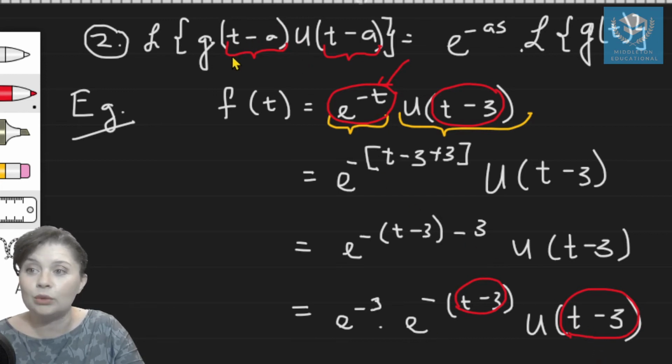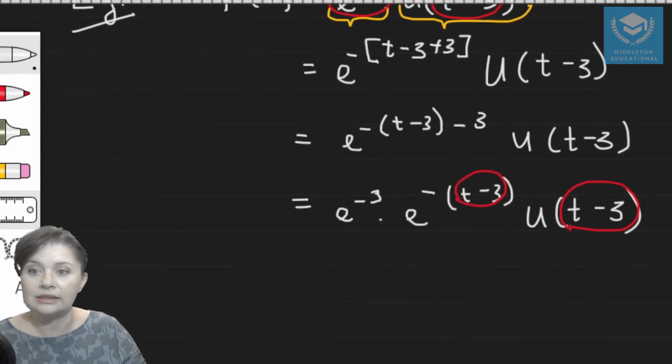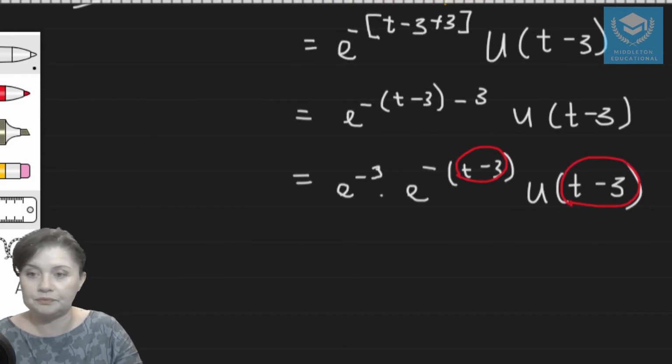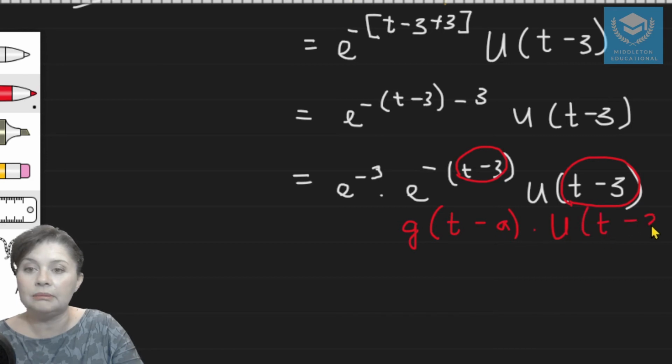And that is exactly what we've got in the second shifting theorem, which means that this piece now is in the form that we need in order to apply the second shifting theorem. Our second shifting theorem tells us if we do have that form, it means that this is now g of t minus a. This is u of t minus 3.